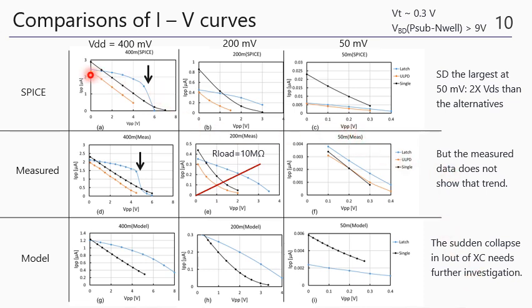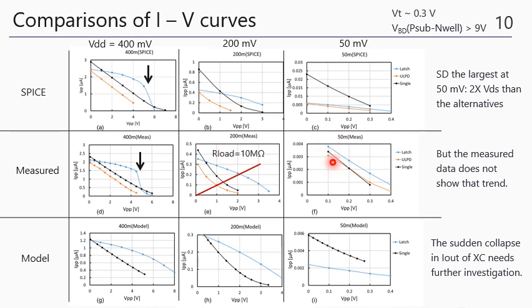As you see, blue shows the latch, orange is ULPD, and black is the single diode. The single diode has the highest short circuit current in any VDD condition for SPICE and measurement.